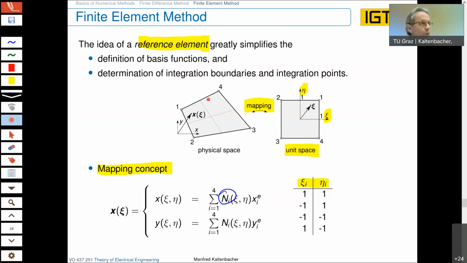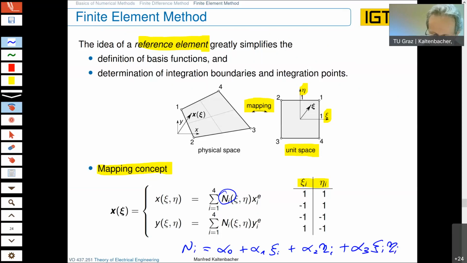And what we can do now, for example, is make such an approximation, and for a quadrilateral, it will be a bilinear function. So you can have a constant alpha 0 plus alpha 1 xi_i plus alpha 2 eta_i, and that is the bilinear function, plus alpha 3 xi_i eta_i.